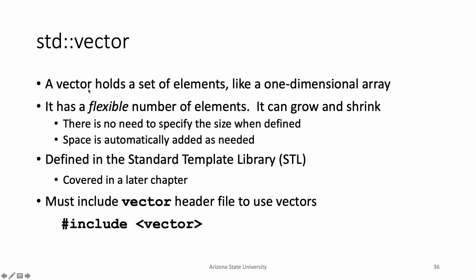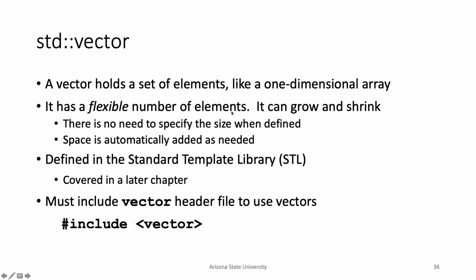So a vector is just an object wrapper. All it is is a wrapper for an array. It's like we can make a class which just holds a single array as its data member, and that's it. This is kind of a red herring, even though we won't actually care about it. It says it has a flexible number of elements.